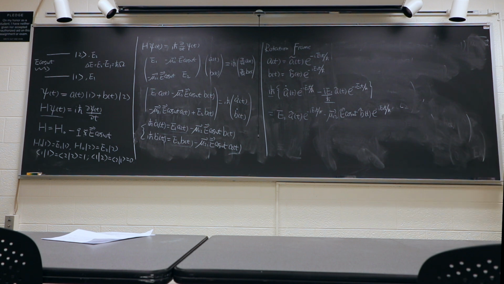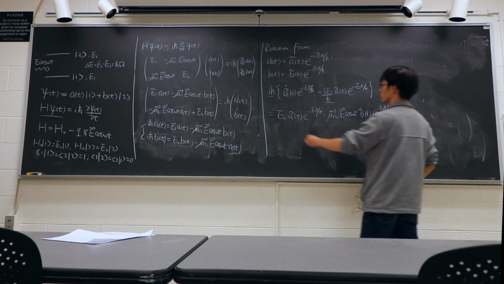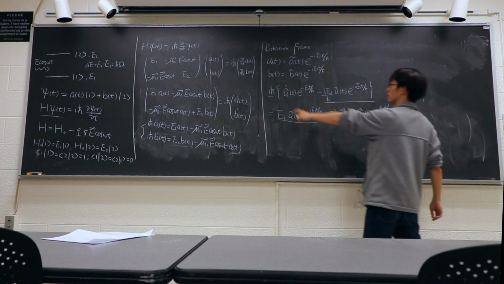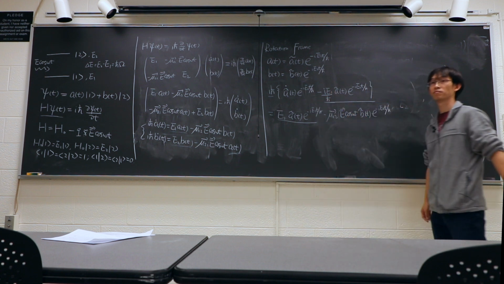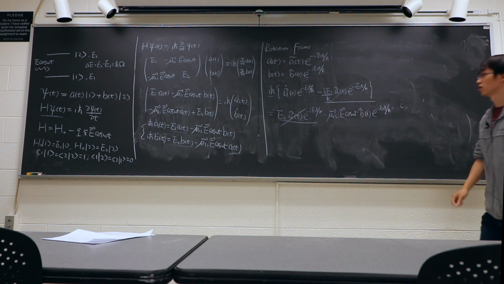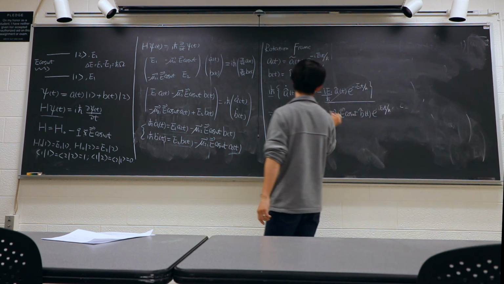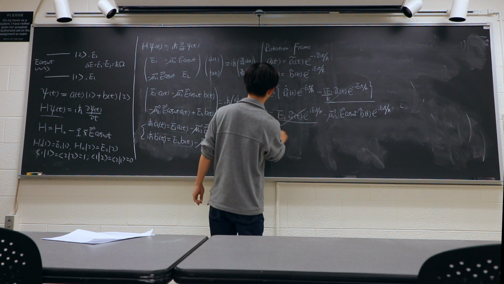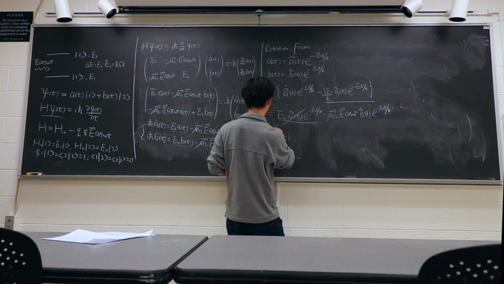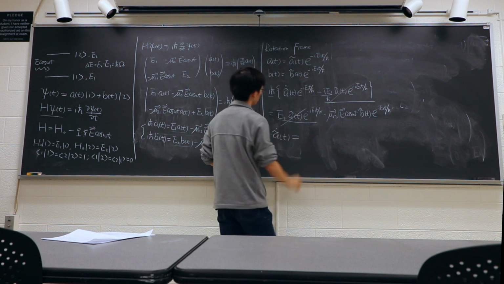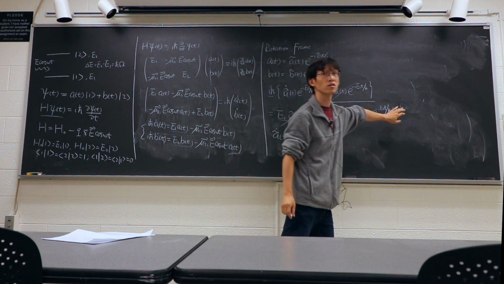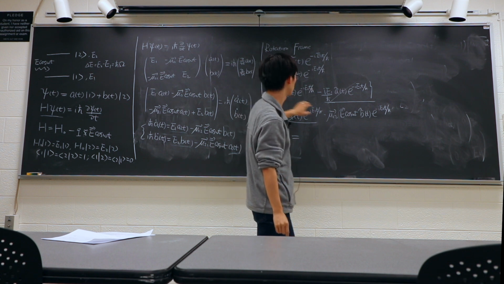So we already say this term equals this term. When you multiply this, it just gives you E1. You cancel them, and then you're left with this. You can move this rotation part to this side. You can also move the h bar to this side.